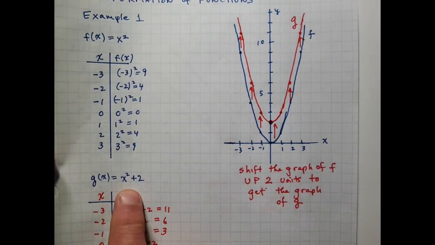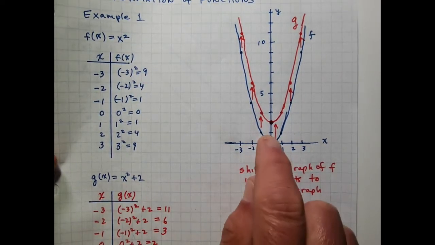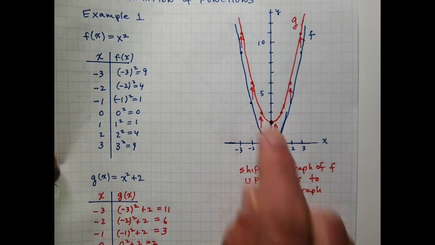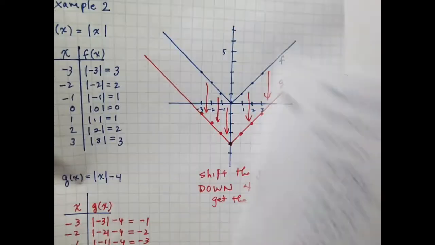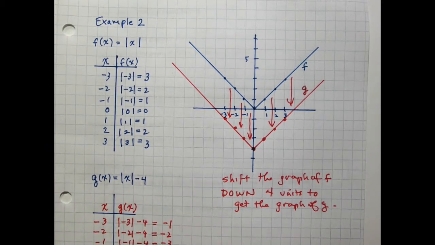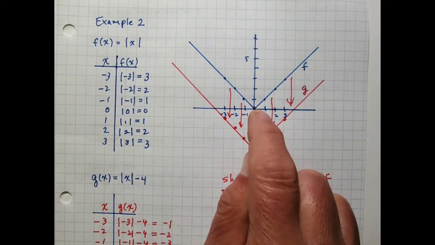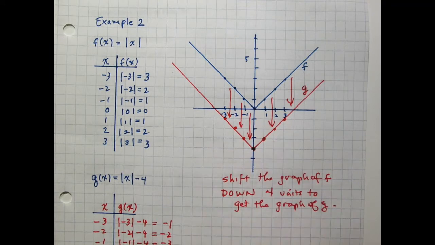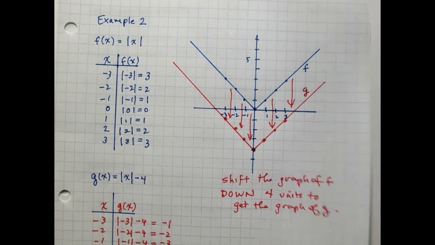g of x equals x squared plus 2 gave us the graph of f shifted vertically upward 2 units, right? And in our second example, g of x equals absolute value of x minus 4 gave us the graph of the function f shifted vertically down 4 units.